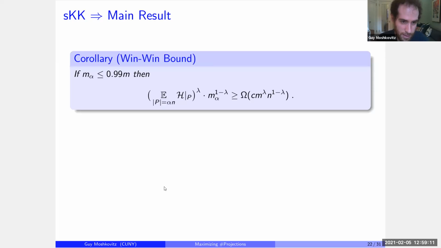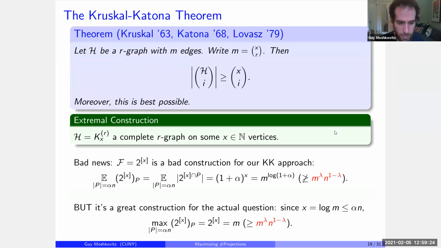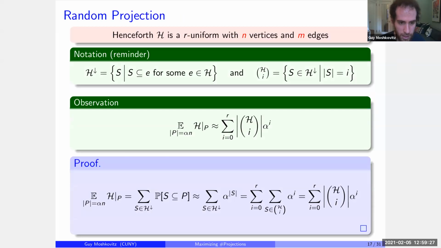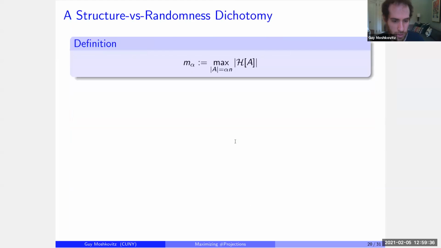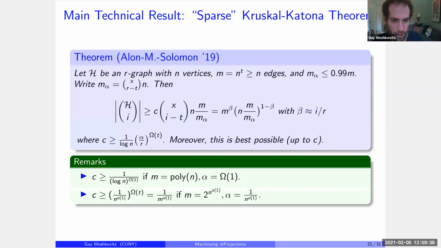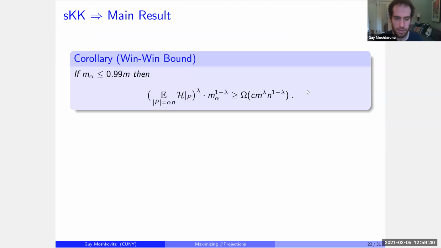And now you get, as a corollary, and it takes some algebraic manipulation, maybe two lines, you can show that if you plug the sparse Kruskal-Katona bound into the expectation that I mentioned before, so you bound the size of each layer by the sparse Kruskal-Katona, then if you do this carefully, the bound turns out to be this interesting looking bound.